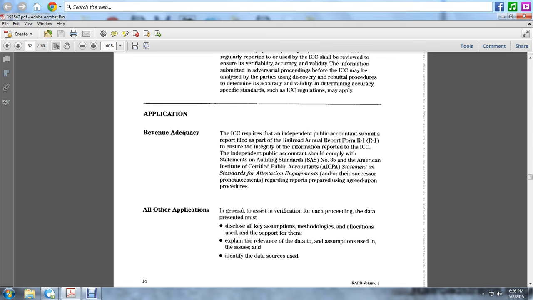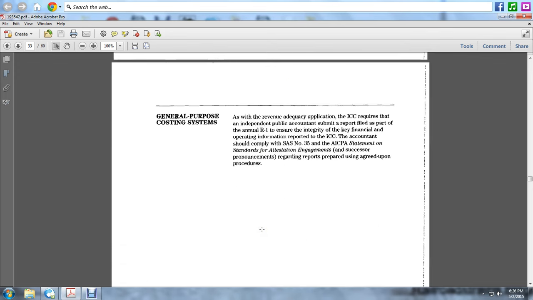For all other applicants, in general, to assist the verification of each proceeding, the data presented must disclose all key computation methodologies and allocations used to support them, explain the relevance of the data and assumptions used in the issue, and identify the data source used. The general purpose of the costing system is revenue adequacy, for which the Interstate Commerce Commission requires the independent public accountant to submit the report filed as part of the annual R1 to ensure the integrity of the key financial and operating information reported to the Interstate Commerce Commission.